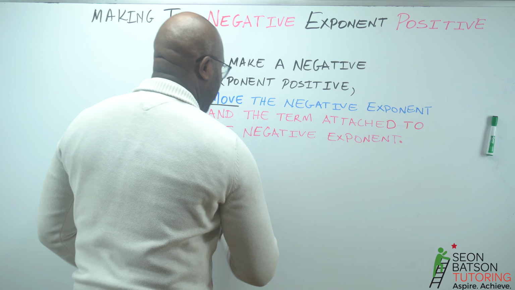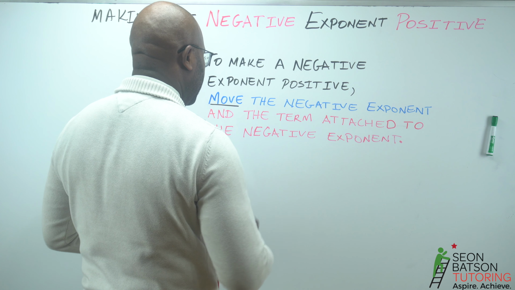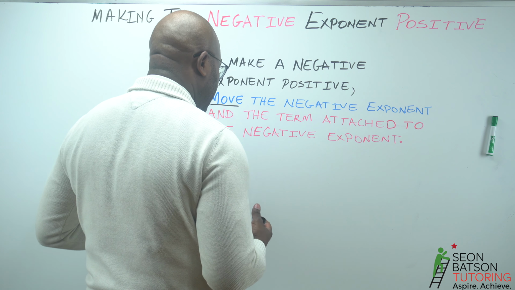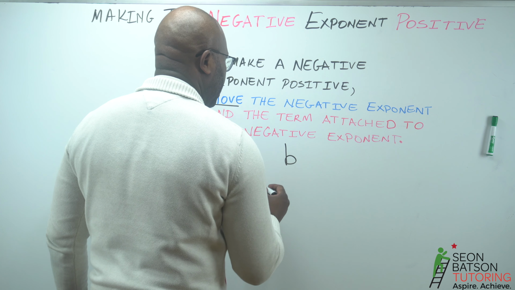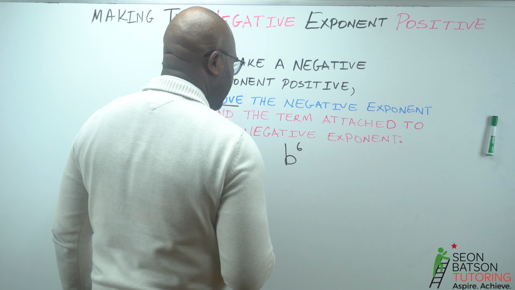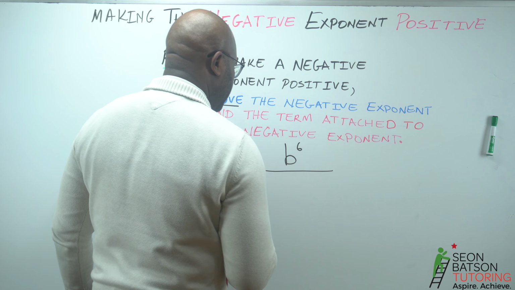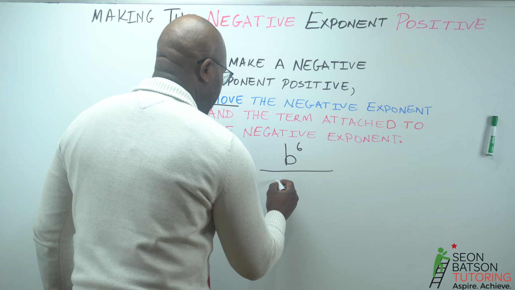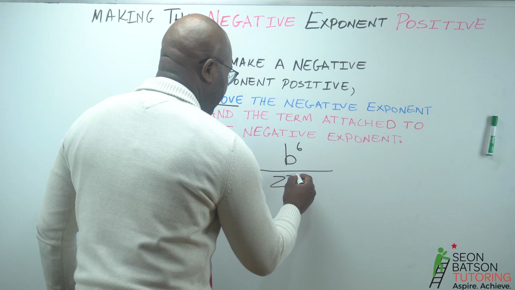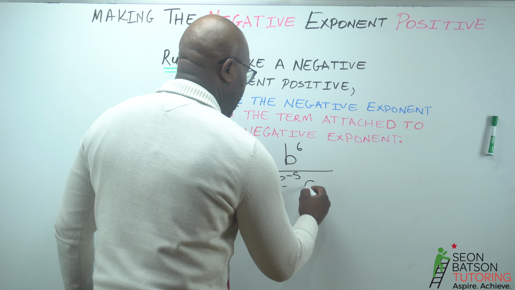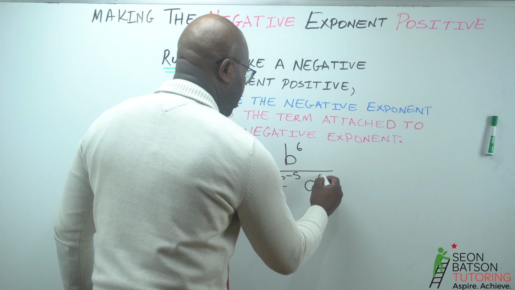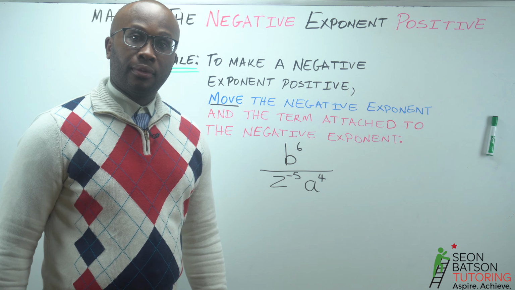Let us put the negative exponent in the denominator now, okay? Let's try b to the 6th power over, let's say, z to the negative 5, and let's say a to the 4th power. Yes?